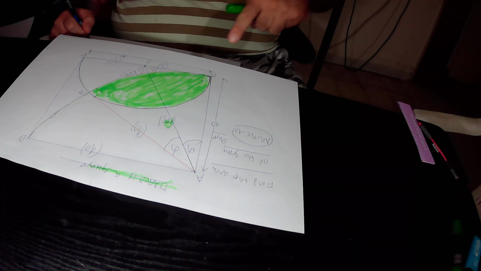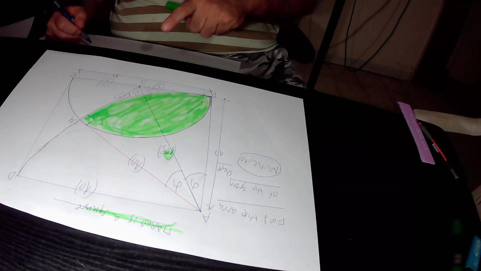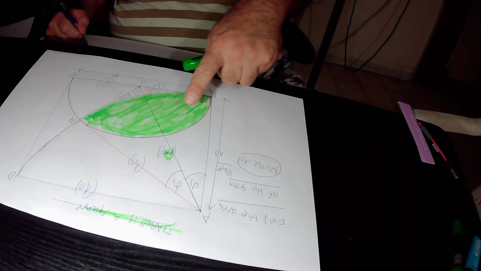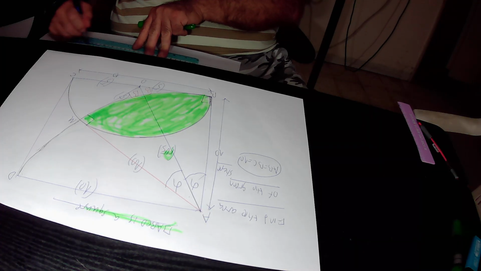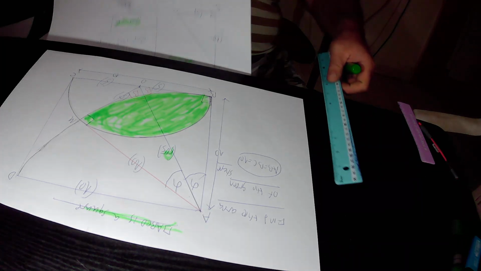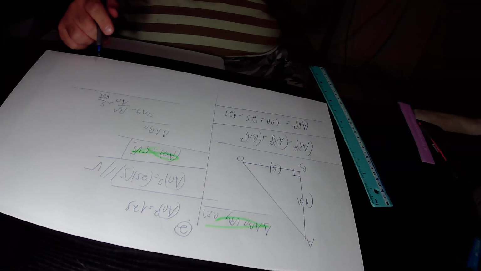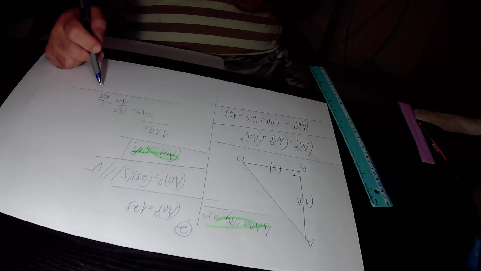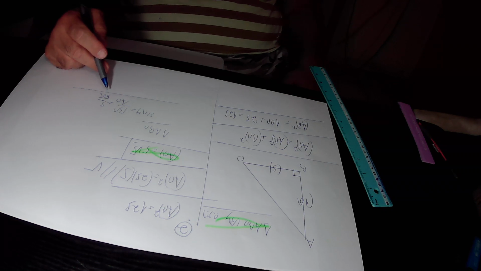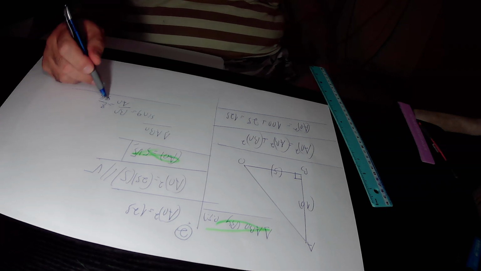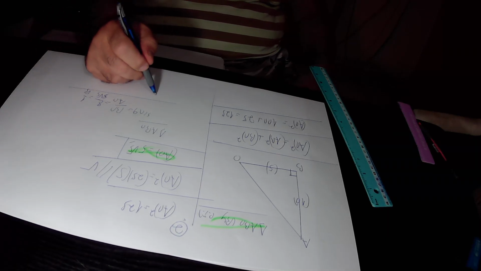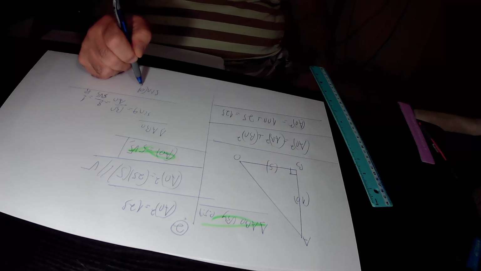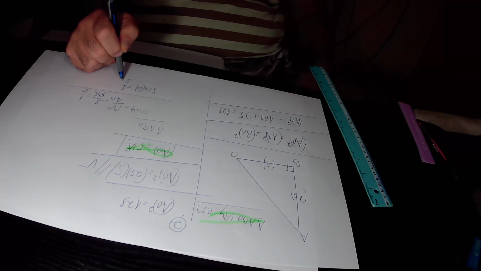So sine alpha equals BO, BO is 5, over AO. AO is 5 times square root of 5. So in total, we found that sine alpha equals 5 over 5 times square root of 5. We have 5 in the numerator, 5 in the denominator, so 5 will get cancelled, we are left only with 1 over square root of 5. So in total, sine alpha equals 1 over square root of 5.